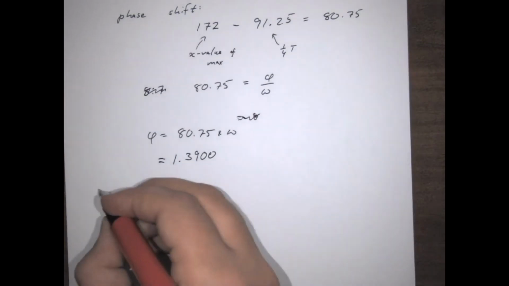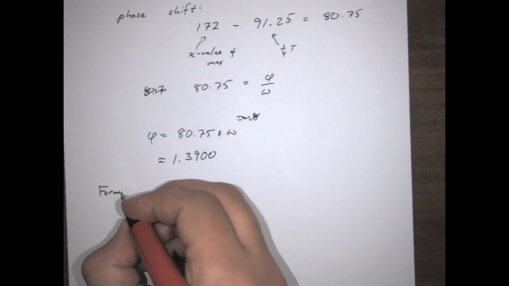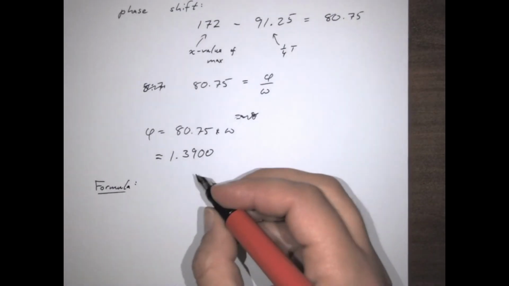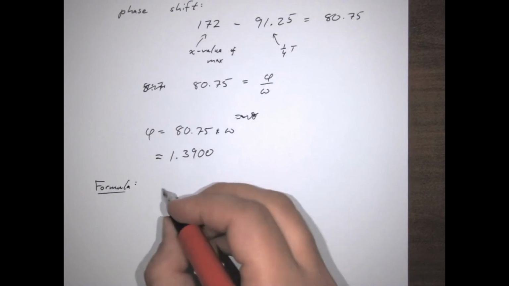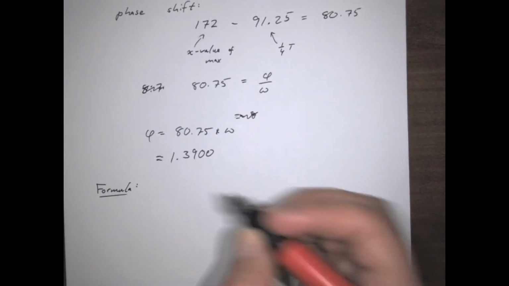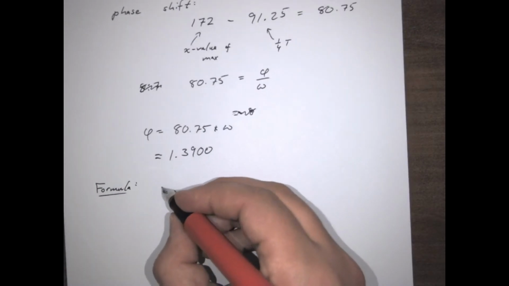Okay, so then the formula. The formula here, we've got all the pieces that we need. We have the amplitude, and because of the way we did the phase shift, that means we're going to be talking about a positive sine.